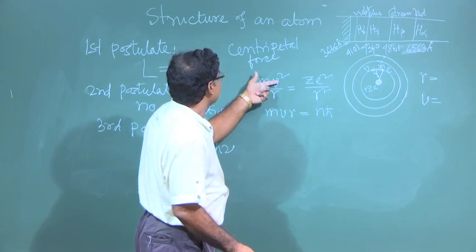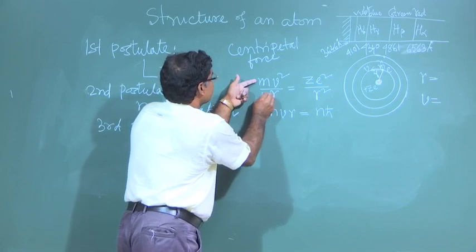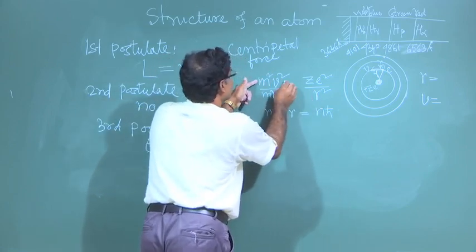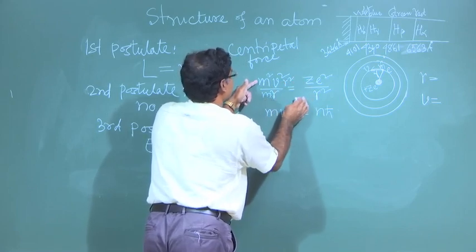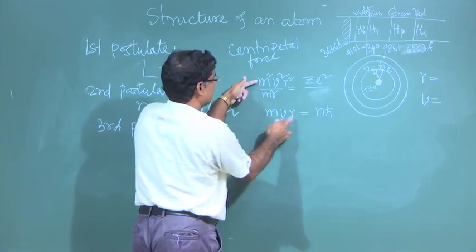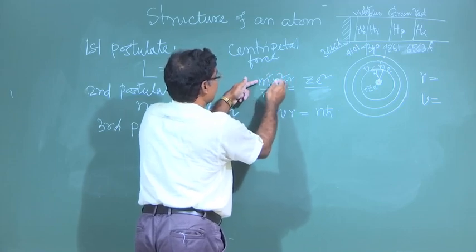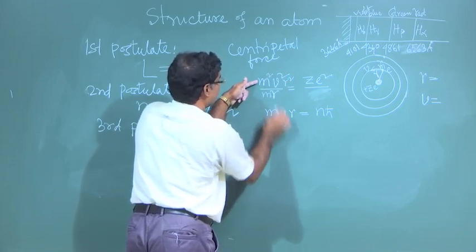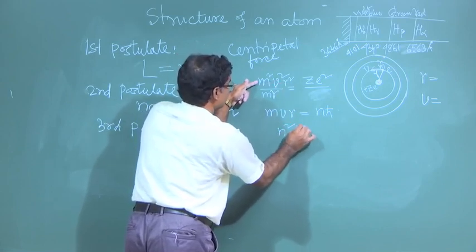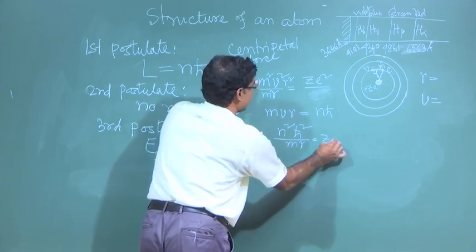So, from mvr equal to n h cross, squaring, n square h cross square by m r equal to Z e square.